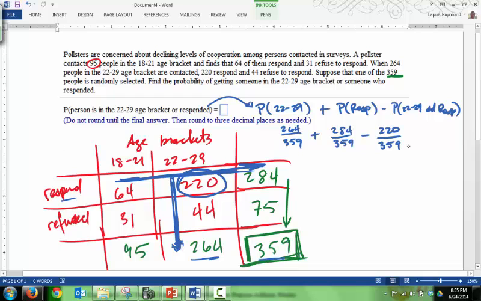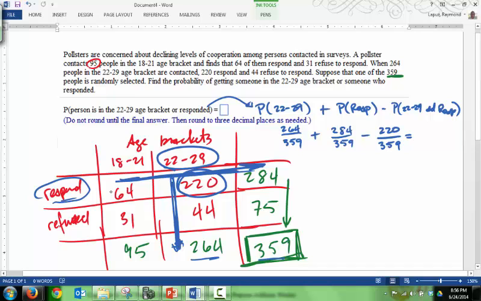So that's the addition rule. That make sense? Nope. I see how you've got the 220 on the chart, but how would you put it into the formula? So this is the people that responded and the people that are in this age bracket.